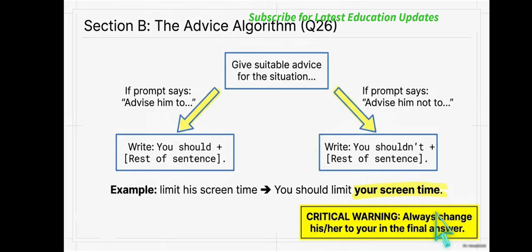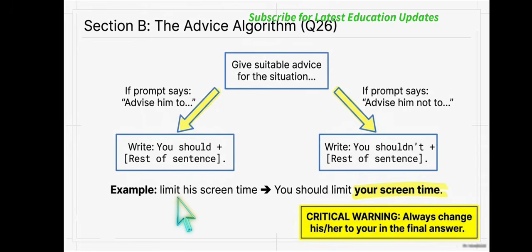Now advice algorithm. So the easiest thing in our English examination is this one, right? You have to just add you should plus the rest of the sentence with v1, and if the prompt says advise him not, you should not, and the rest of the sentence, right? So, limit this screen time, right?